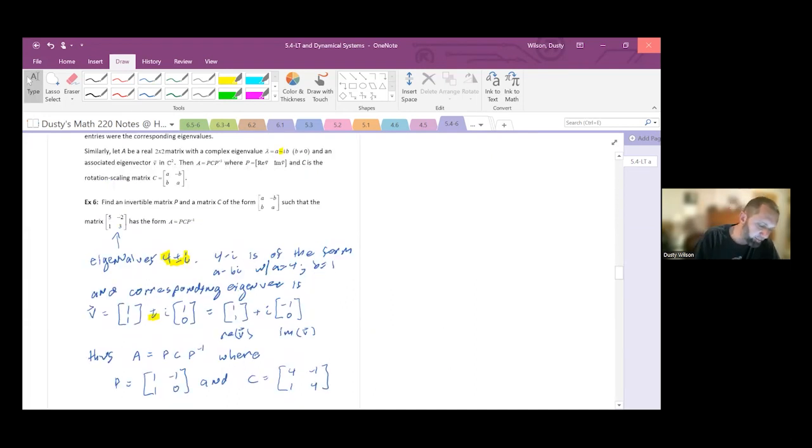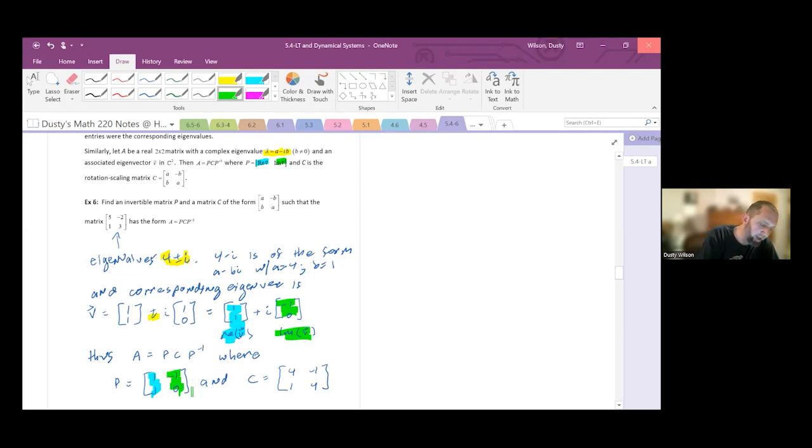So I just want to back this up and make sure that you're seeing what happened. Once again, we took our lambda to be the one with the negative sign, and that's why we were always using the minus signs all the way throughout. Then our P matrix was built with the real part of v, so that's the 1, 1, my bad, 1, 1. And then we had the imaginary part of v in column 2, that's the -1, 0.